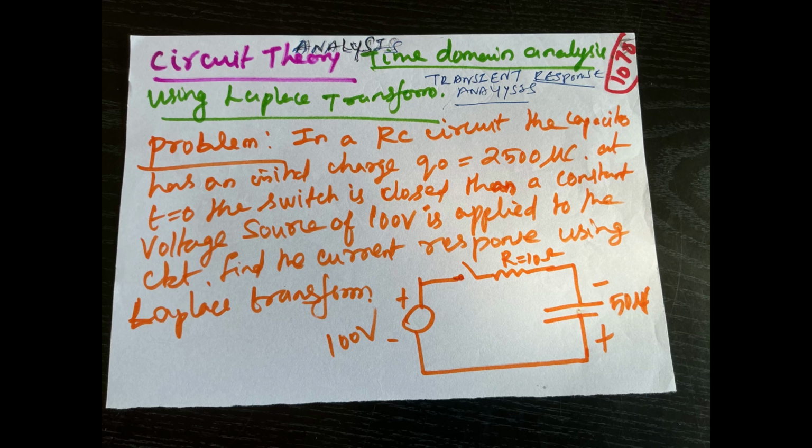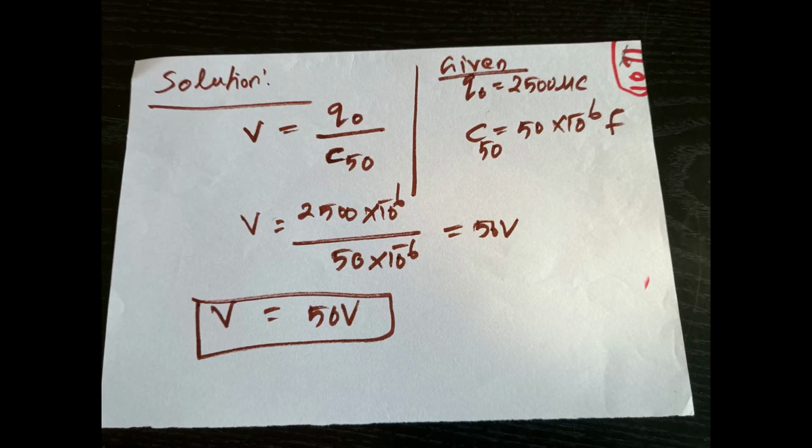We already know the capacitor charge Q is capacitance times capacitor voltage. Q value is given as 2500 microcoulomb and capacitance C is 50 into 10 power minus 6. The capacitance voltage VC is found from the formula Q equal to C VC, so VC is Q0 divided by C, 2500 into 10 power minus 6 divided by 50 into 10 power minus 6, that is 50 volt.